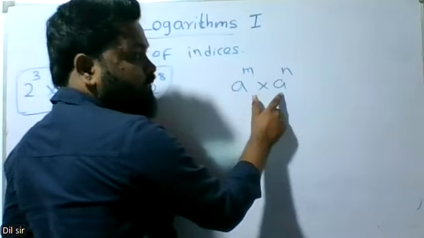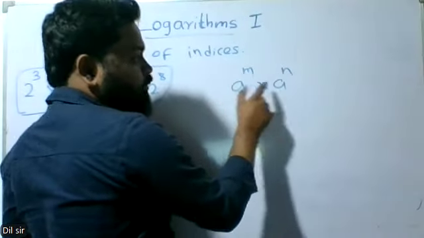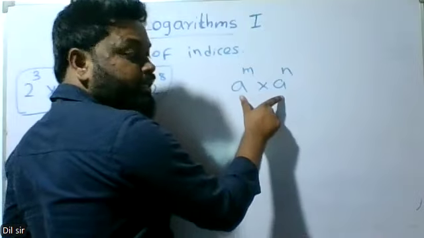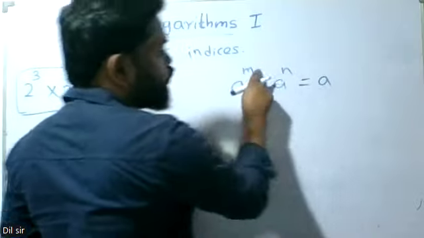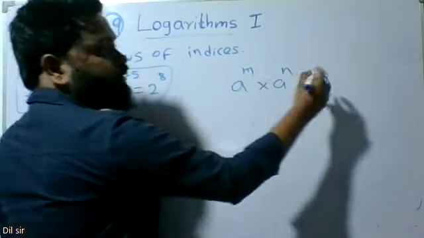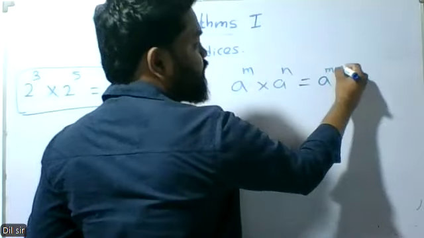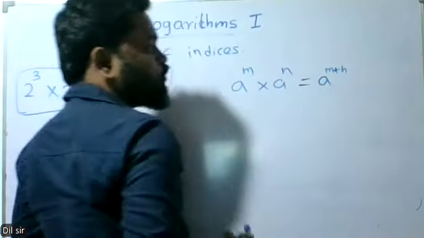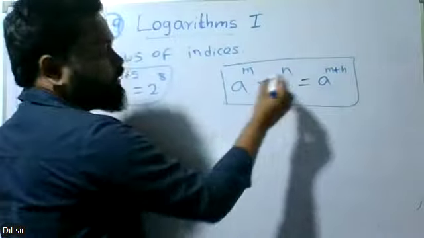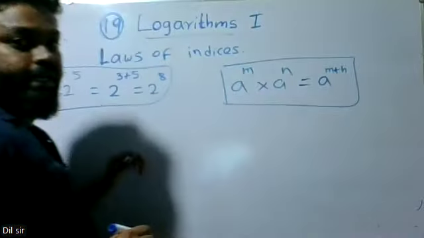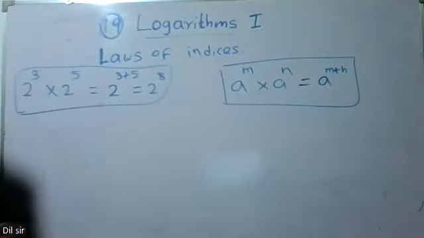The two bases are equal in the two powers, then we can write a to the power, and the two powers should be added: m plus n. If you have two equal bases, you can add the powers. It is the first law. Right, look at the word.